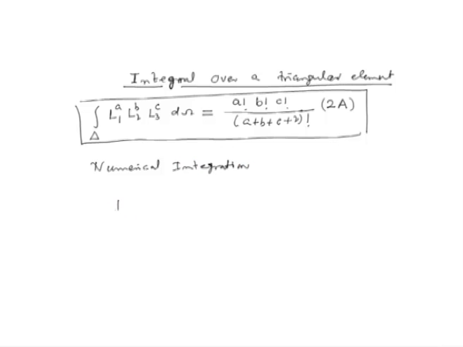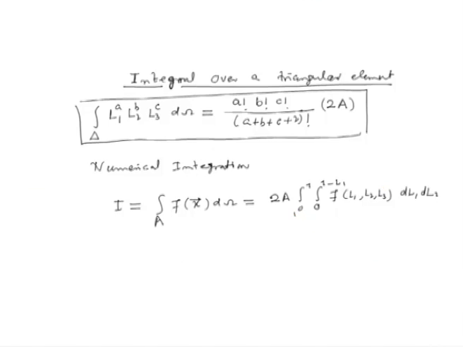If you want to find out the integral which is given by integration over the area of some function f x d omega, this we can write as 2a integral over 0 to 1, integral 0 to 1 minus L1, f L1 L2 L3 d L1 d L2. Remember that we have not introduced L3 because that is not an independent coordinate, that is given in terms of L1 and L2. So, now this is standard integral which we get here.